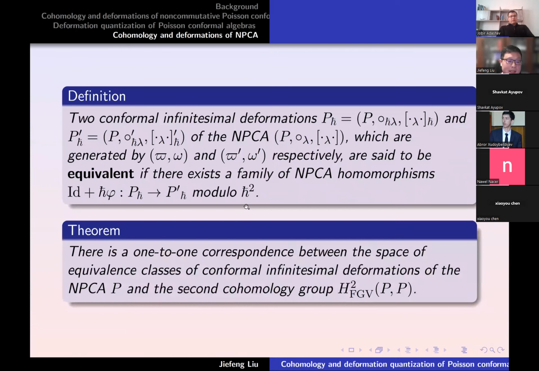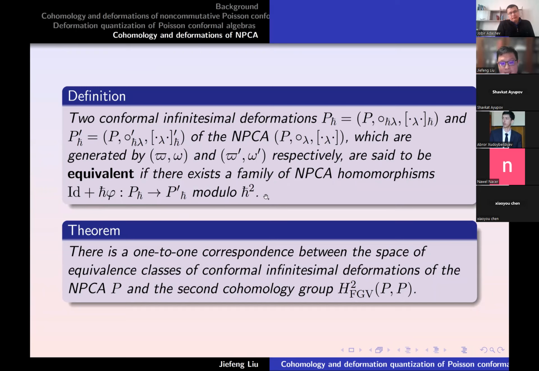We can also give the definition of equivalence of deformations. Two conformal infinitesimal deformations of the NPCA P, which are generated by (pi, omega) and (pi', omega'), are said to be equivalent if there exists a family of NPCA homomorphisms ID plus phi from this to this module.